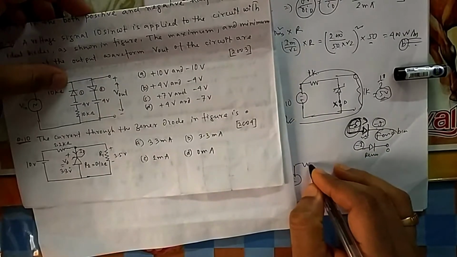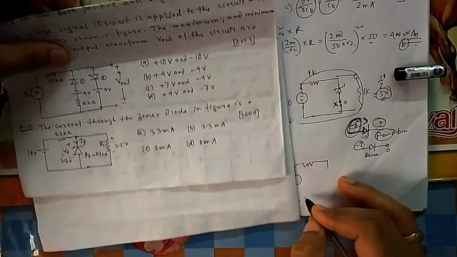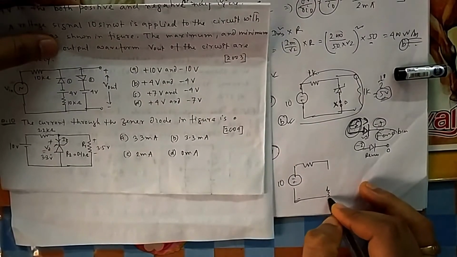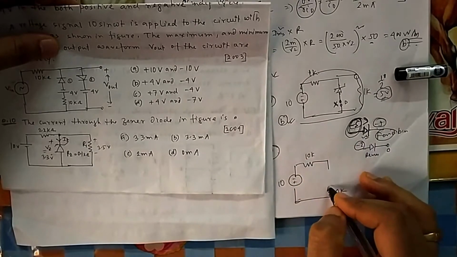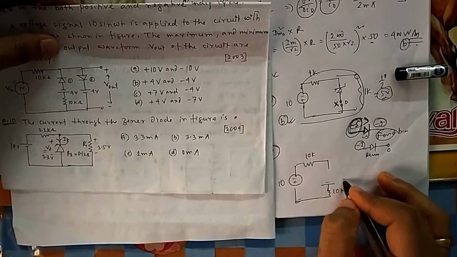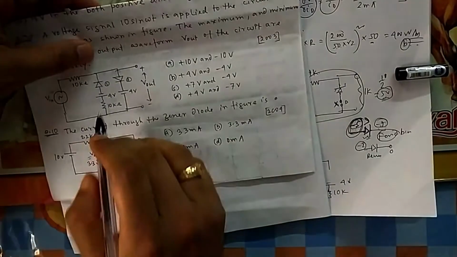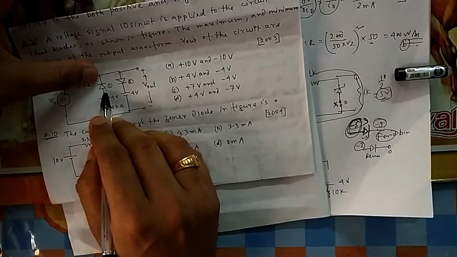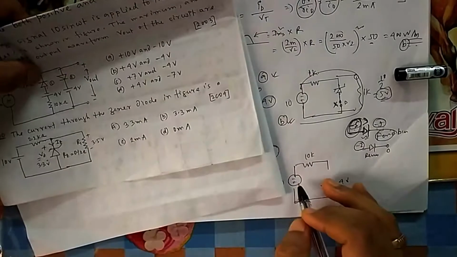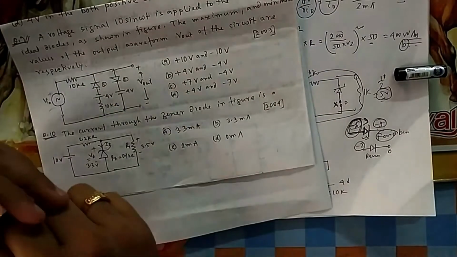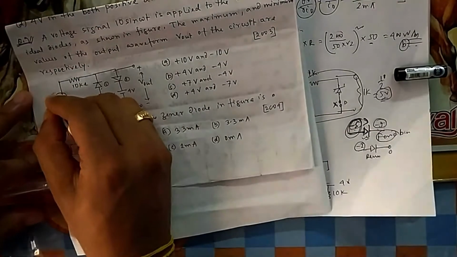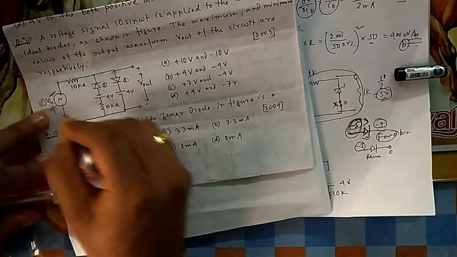If I come to this one now, you see here is also one resistance. You have to be careful: this is also 10k, this is 10k. And then there is a voltage of 4 volt. Now you see this one, this is already at minus 4. So this one is also minus because it is also connected to minus. So this is at minus 10, because I am considering this is minus, this is plus, and 10. So what is the voltage here?